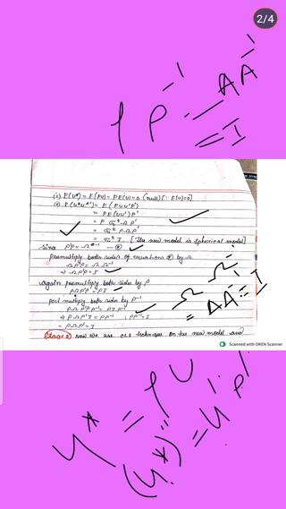Since P into P inverse is equal to I, we get P into omega into P transpose into I, which is equal to P into I into P inverse, that is, P into P inverse, which is again an idempotent matrix.